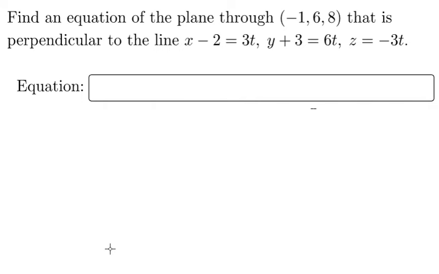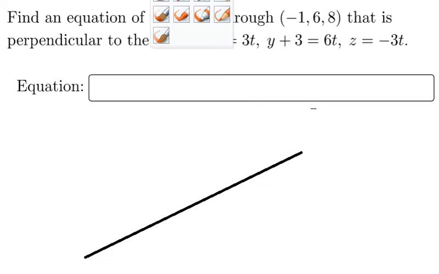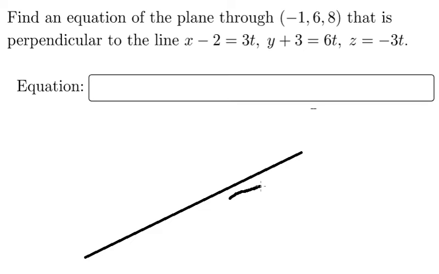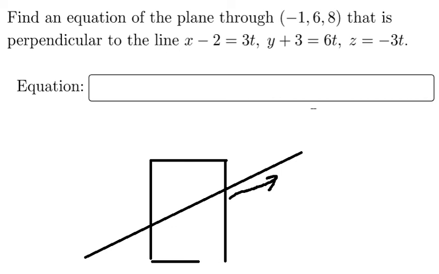For example, we have the line and we know that the vector of the line will go in this way. But the plane is perpendicular to the line. Something like this.